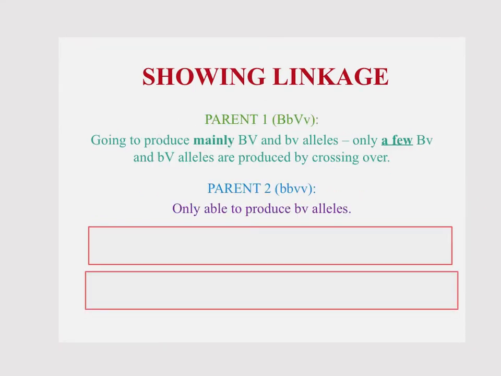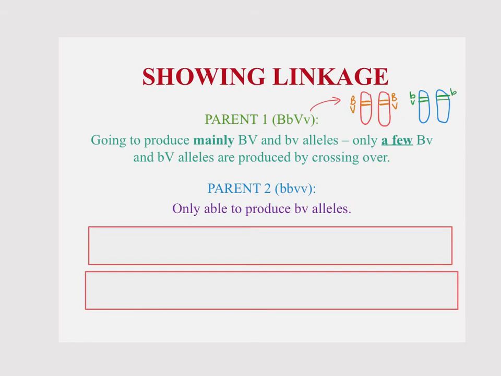So if we take that parent 1, for example, and we draw out those chromosomes as if they were actually present, so we've got that, and then we've got another set of pairs. Right, so on the first set of chromosomes, we're going to have big B, big V, big B, big V. And on the second set of chromosomes, we're going to have the same genes, the same loci, but lowercase.